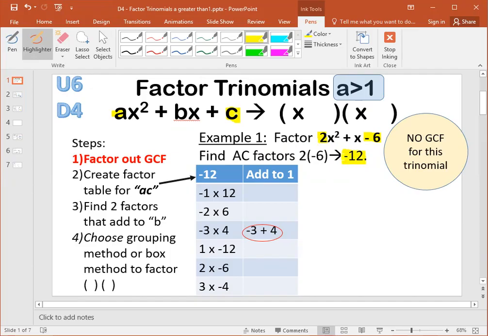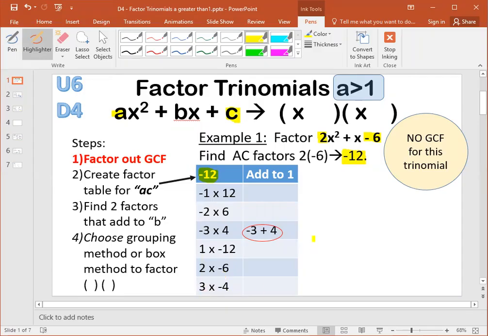So what we want to do is find factors of negative 12. All right, so here I've created the entire table. So you can see negative 1 times 12, negative 2 times 6, negative 3 times 4, and then we just flip those signs: 1 times negative 12, 2 times negative 6, and 3 times negative 4.